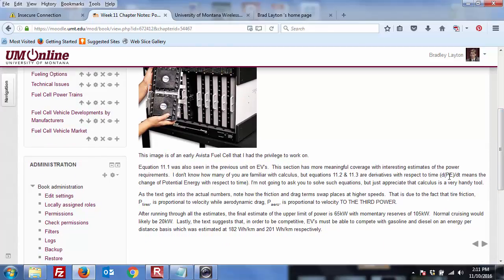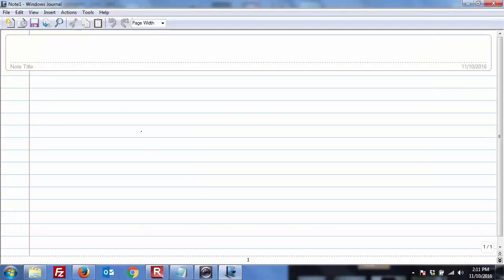We have definitely covered this in class, and just to reiterate what these equations mean as you're going through, we know that power equals energy divided by time.